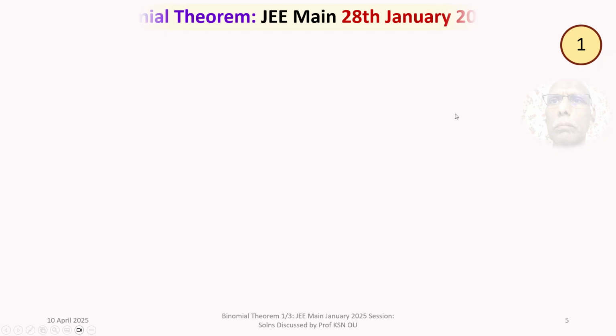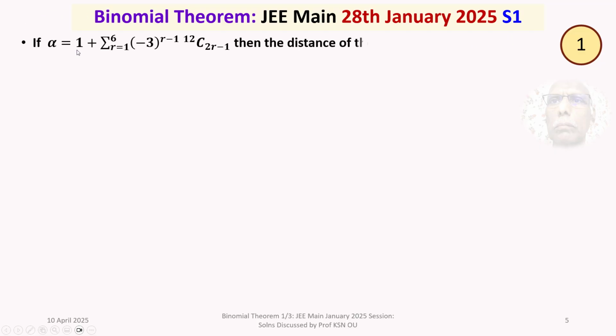This is the question that has appeared in the JEE Main exam held on 28th January 2025 in the morning shift. The given question is, if alpha is equal to 1 plus sigma r is equal to 1 to 6 of minus 3 to the power of r minus 1 multiplied by 12C(2r minus 1), then the distance of the point (12, root 3) from the line alpha x minus root 3 y plus 1 is equal to 0 is.